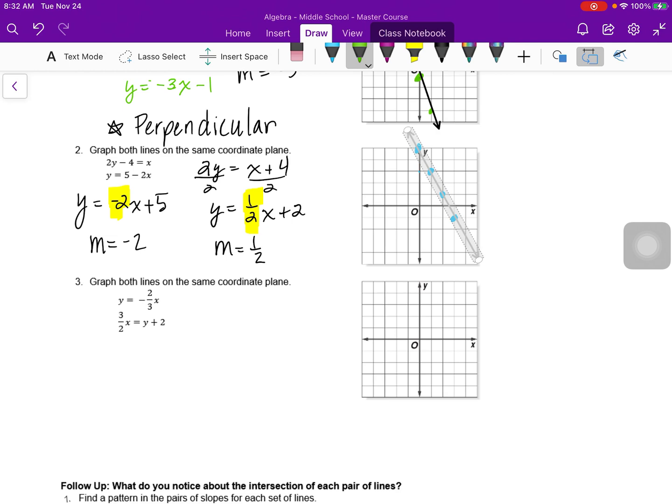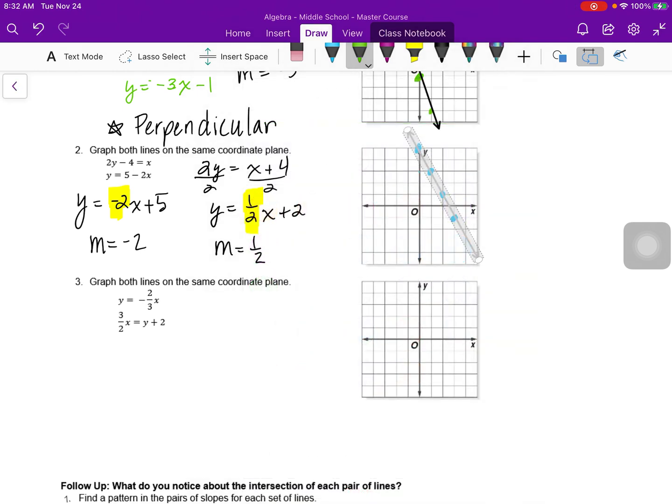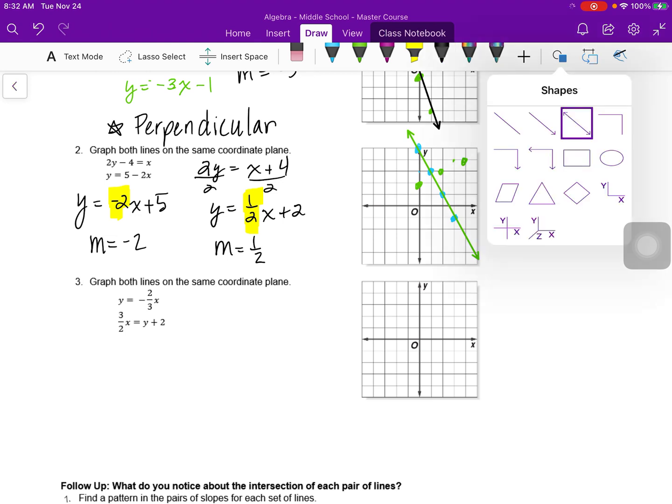Okay, so let's go to our second equation. This time I need a y-intercept of positive 2, and I have a slope of 1/2, so up 1 over 2, up 1 over 2. There we go. Grab my line tool again. Okay, just to make sure I had that.